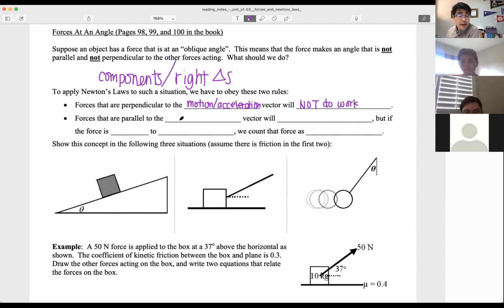Forces that are parallel to the acceleration will do work or will contribute to acceleration, right? But if the force is opposite to the direction of motion, we will count that force as negative.